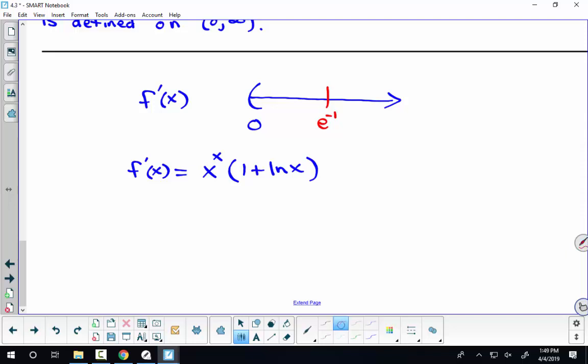Okay, 0.2 and 0.4. We just need one value smaller than e to the negative 1, and one value larger. Choose whatever values you want.